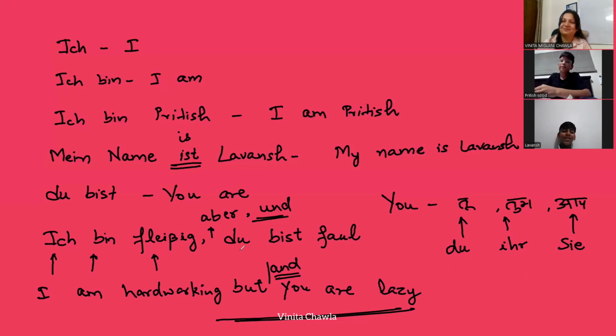Ich bin fleißig. And du bist faul. You can tell your German friend this thing. He will like it, but you can try to tell him that du bist faul. Ich bin fleißig, aber du bist faul.